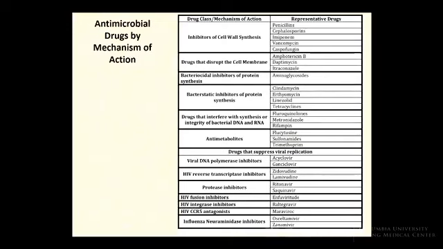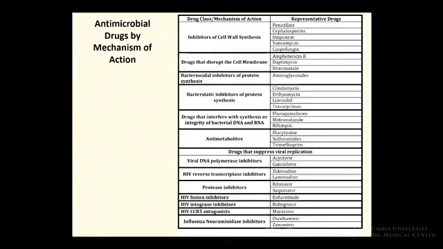So if we look at just the antibacterial drugs, this is what it looks like to categorize them by mechanism. Okay? What do they do to the bacteria they encounter? So there are drugs that are inhibitors of cell wall synthesis. Okay?